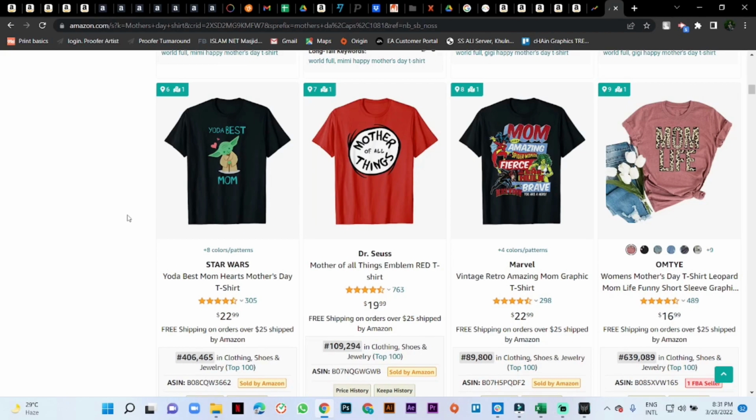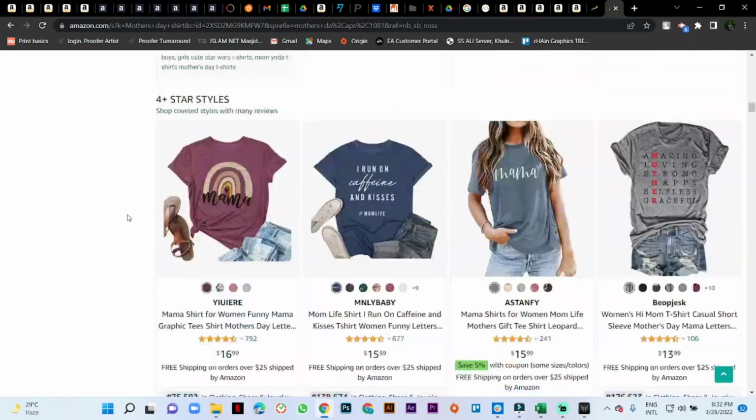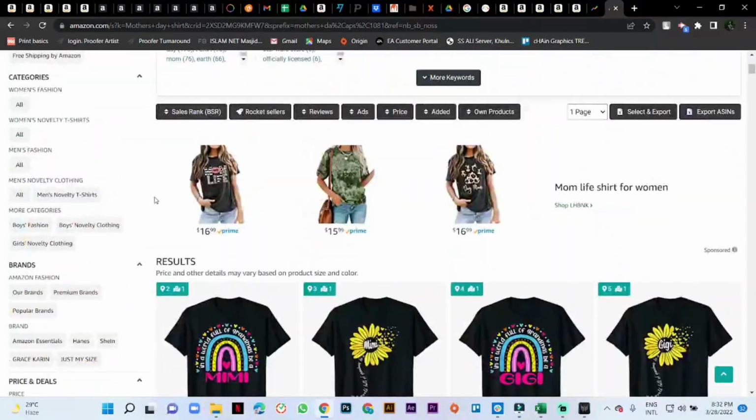Make sure to publish your designs for women only, and that will also help the Amazon algorithm understand that this is a women's product, and it will rank higher when someone searches for a Mother's Day shirt or a shirt related to women. So these are some tricks you must follow while designing for Mother's Day.